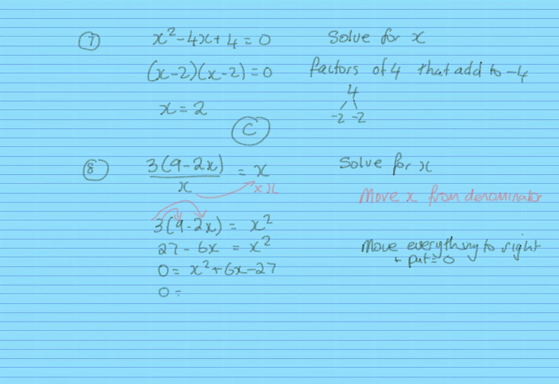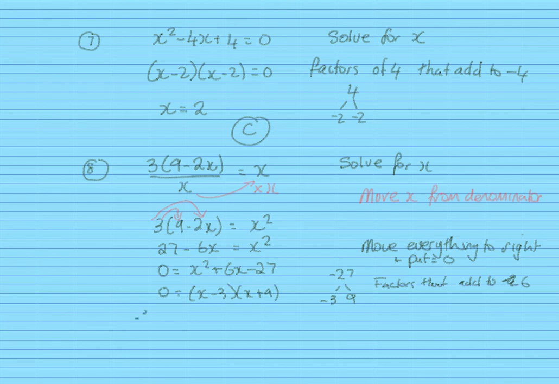And then I have to think of the factors of negative 27 that add to 6. So I'm thinking 9 and 3. So 9 and negative 3 will add to 6. So (x plus 9)(x minus 3).